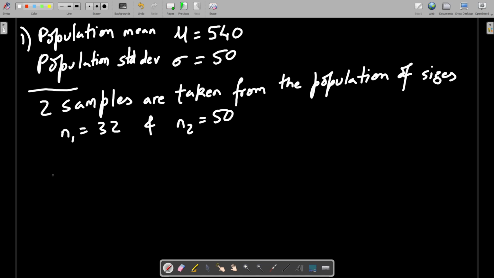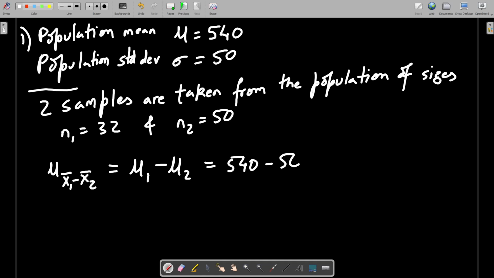Now let us talk of the difference over here. So mu of x1 bar minus x2 bar. See, we have taken the samples from the same population.